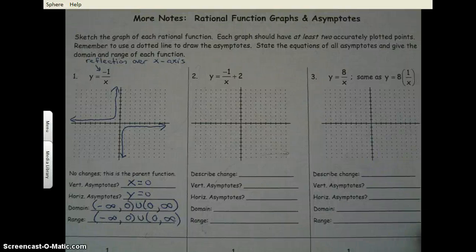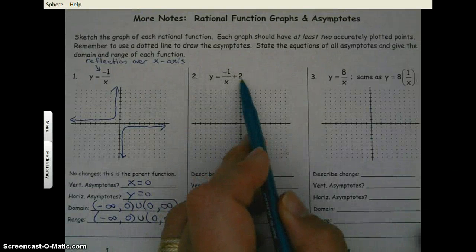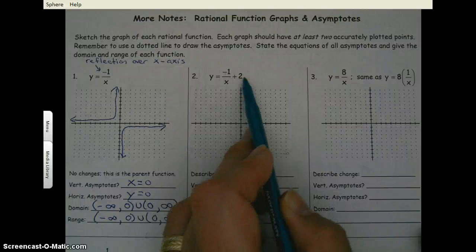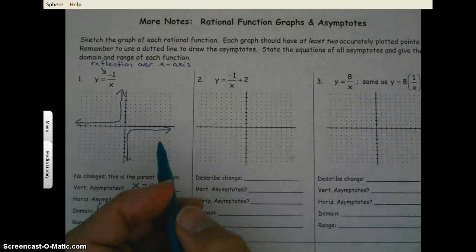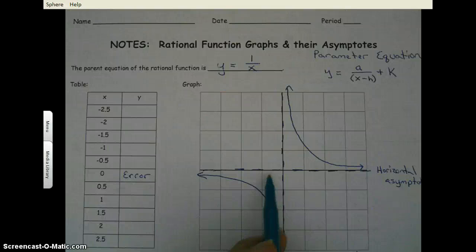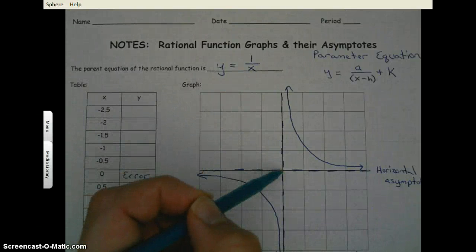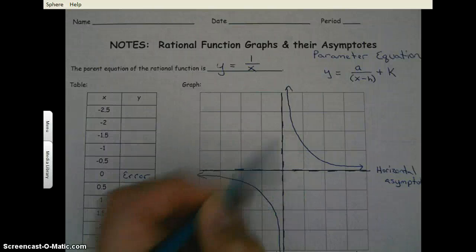Number 2. Here we have a reflection again, but this time we've translated 2 units up. Now, what point do we move to move this function up? Best thing to do is start off at 0, 0, that point right in the middle, and move that point left and right, up and down.